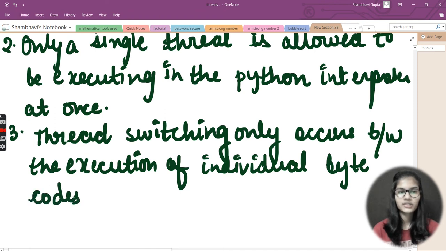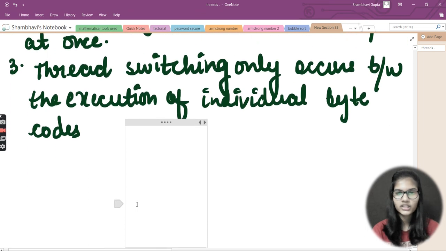So you can do thread switching only and only between the execution of individual byte codes. This is another thing that comes here.